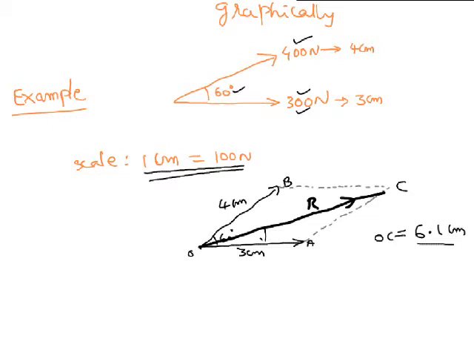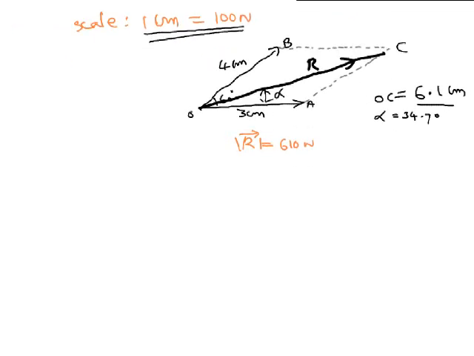You also need to measure this angle alpha, which comes out to be 34.7 degrees. Because we are using a scale of 1 centimeter equal to 100 newtons, 6.1 centimeters corresponds to 610 newtons. This is one example.